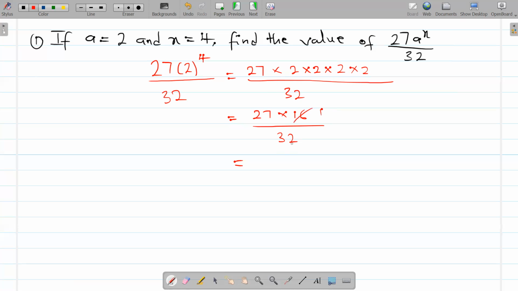So 16 into 16 is 1, 16 into 32 is 2. So 27 on 2, what are we going to get? We are going to get 27 dividing by 2, like 11 point something. So can you solve it?